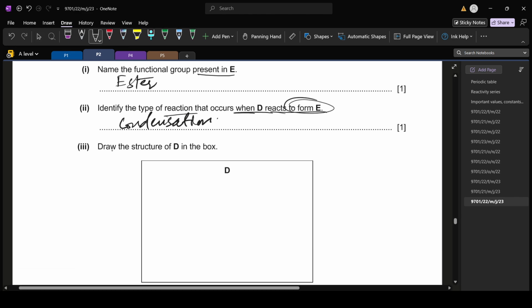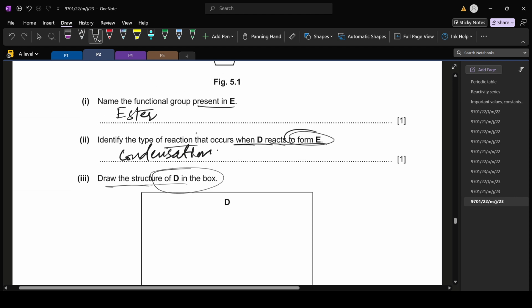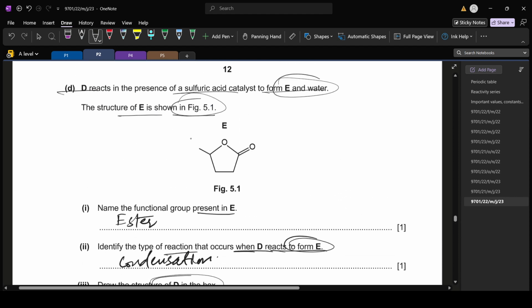Now you are required to draw the structure of D. D must have both alcohol and carboxylic groups, because only then does D react with sulfuric acid to form this cyclic ester. So if I cut the molecule from here and attach OH over here, then you will have this molecule.